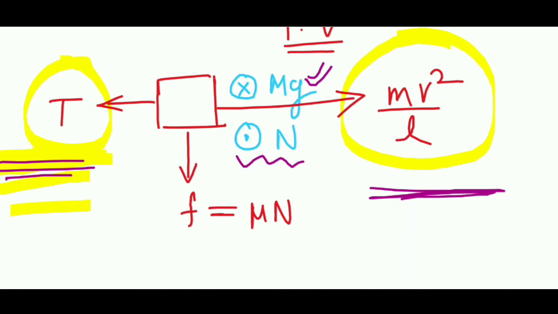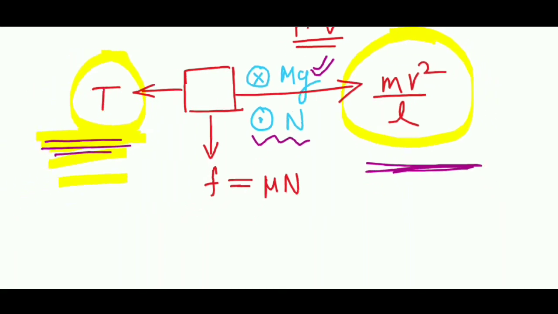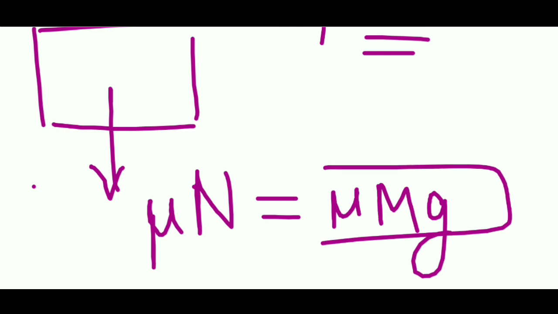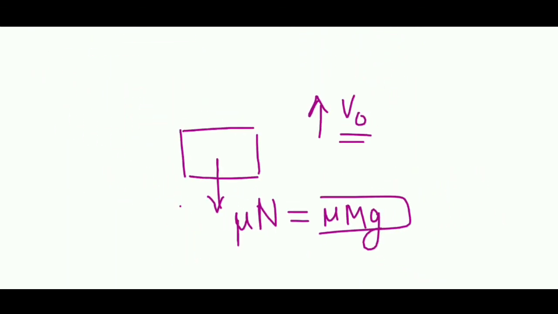The box is neither jumping off the table nor getting inside the table, so mg and normal are balancing each other. So normal is equal to mg, so this force will become equal to mu mg. This is the frictional force which is acting over here.